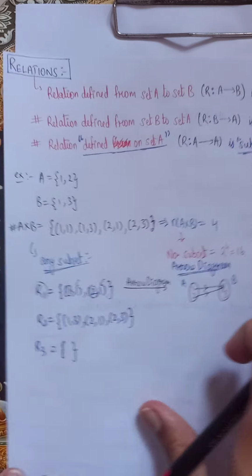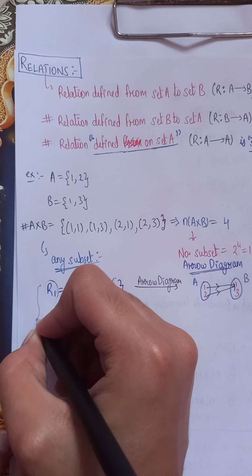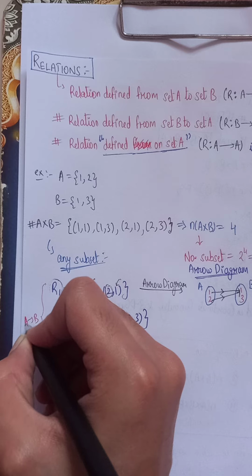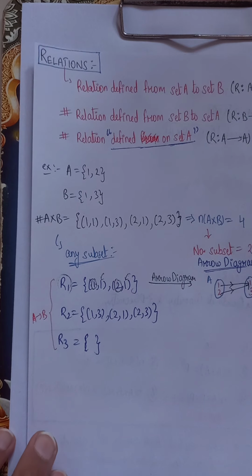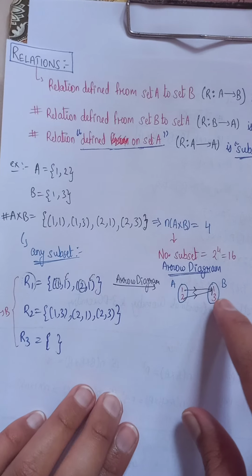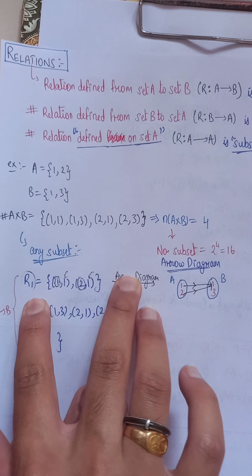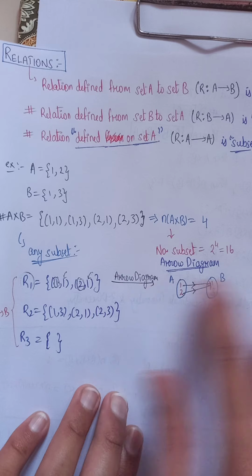Since we are writing the subsets of A cross B, this is all for A to B only. This is for 1 comma 2 and 1 comma 3, 1 comma 1, 2 comma 1. This is how we represent the R1 relation in an arrow diagram.